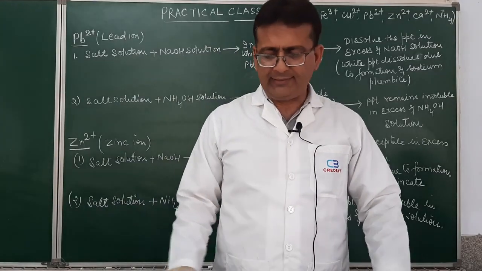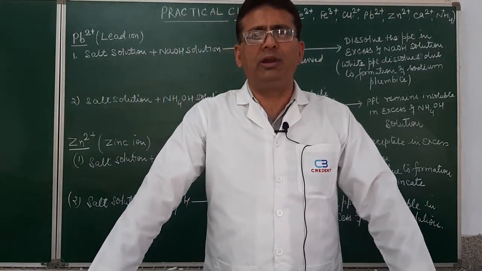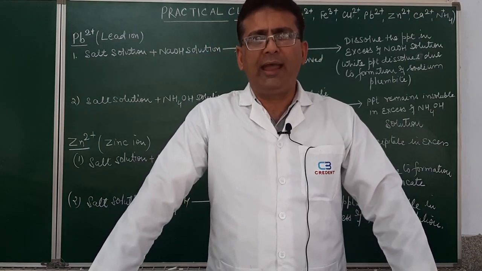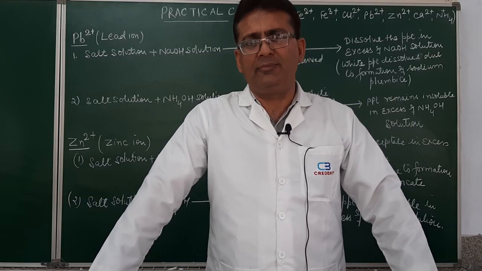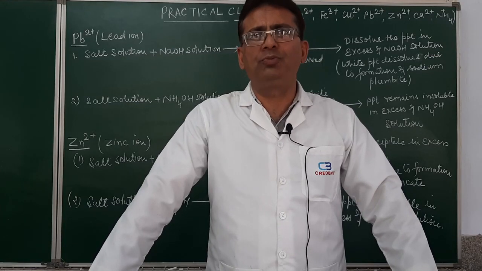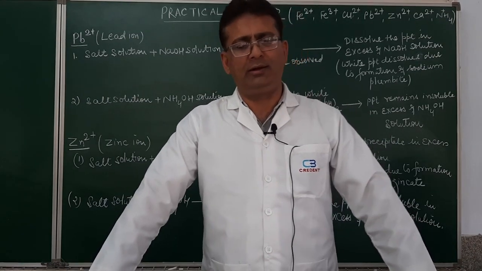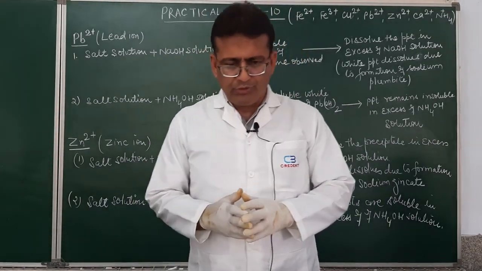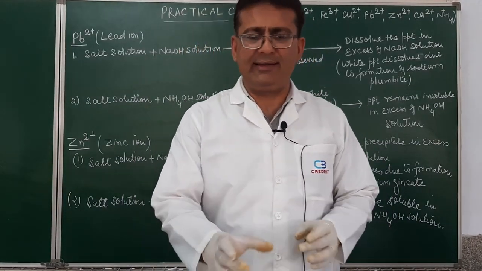If the question is asked, name the metal cation whose precipitates are soluble in excess of sodium hydroxide and ammonium hydroxide, it is zinc ion. The cation whose precipitates are soluble only in excess of sodium hydroxide but insoluble in ammonium hydroxide will be lead ion.